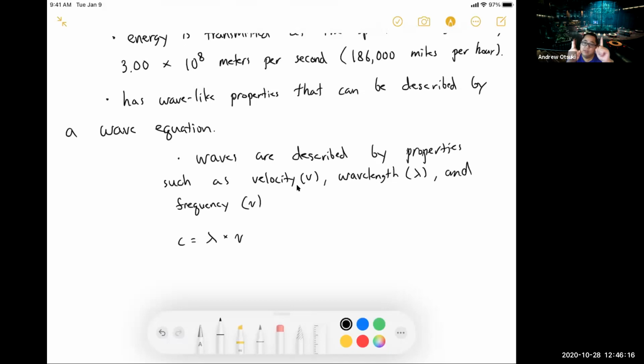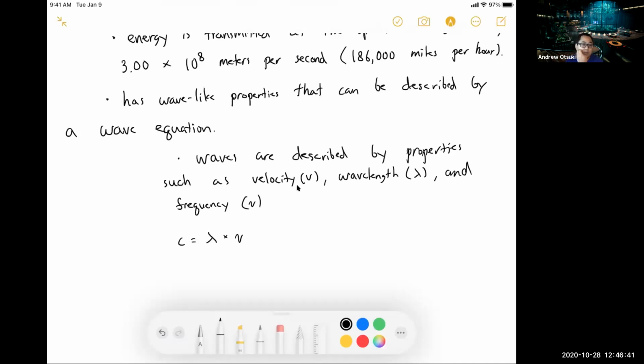For example, if I have this interval and a very long wavelength, the frequency is very small. But if I use the same interval and have a very short repeating wavelength, the number of wavelengths within that interval is much greater, meaning my frequency is much higher.